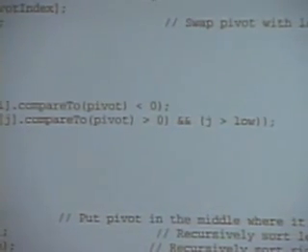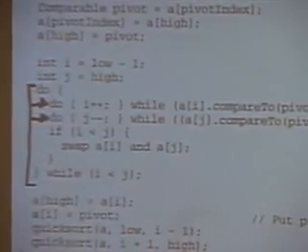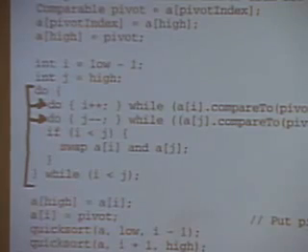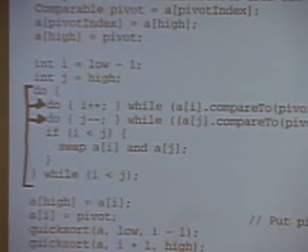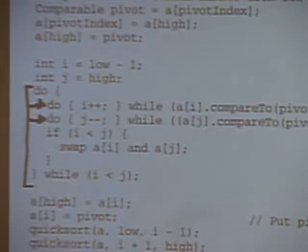And the inner loops actually are really, really short. These two lines, one that advances i and one that moves j back, those are the inner loops. Those are the things that you want to run the fastest, because those are what get executed n log n times. And they do their job really quickly.